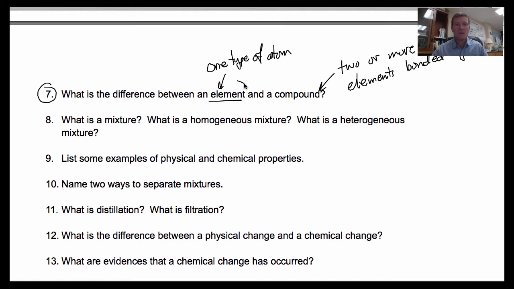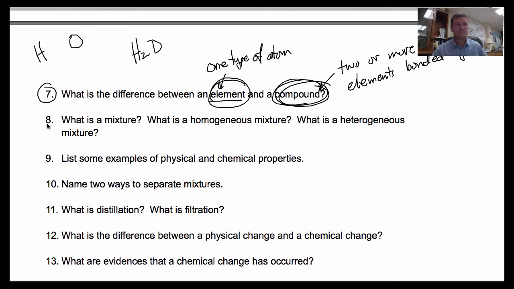Every element has certain properties. Every compound has certain properties. But this compound may have very different properties than the elements from which it is made. For example, water has very different properties than hydrogen and oxygen from which it is composed.